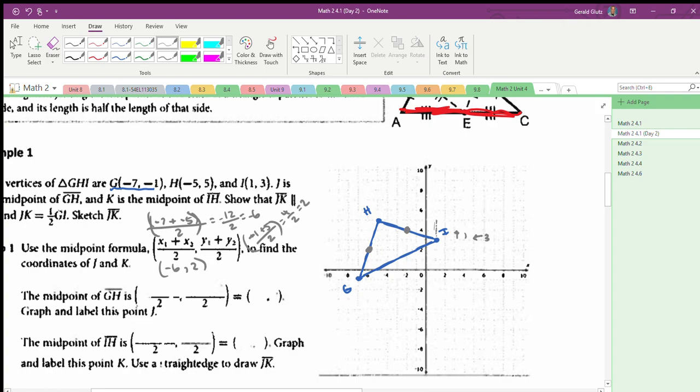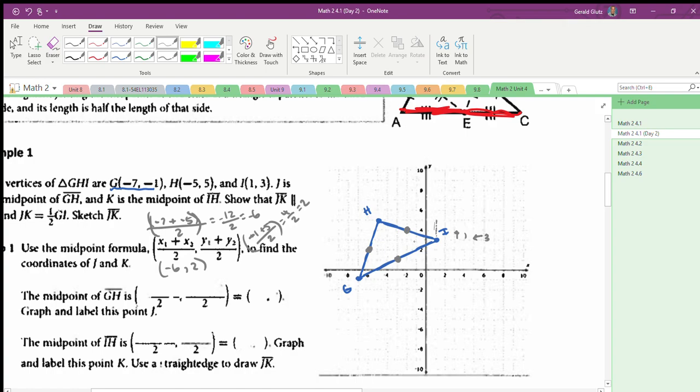And I could do the same thing with G and I. So it's kind of hard to see on my screen here. Hopefully you can see it better on yours. 1, 2, 3, 4. Then 1, 2, 3, 4, 5, 6, 7, 8. So I'm going to go down 2, left 4, 1, 2, 3, 4. So whatever the distance is horizontally between the 2 points, go half of that length.